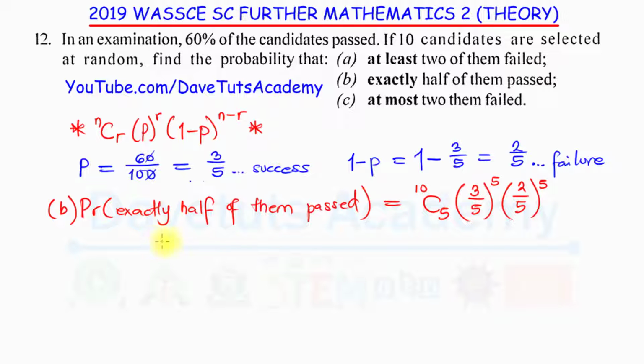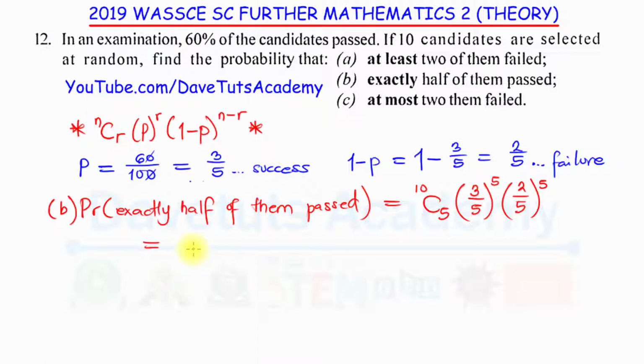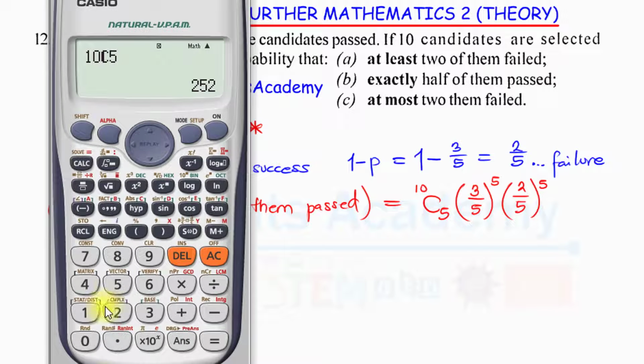So you can say we want to express that to say this is going to give us what's 10 combination 5. 10 combination shift divided 5 is equal to 252. So this is 252 multiplied by 3/5 raised to power 5. 3/5 is 0.6, so I can say 0.6 to the power of 5.